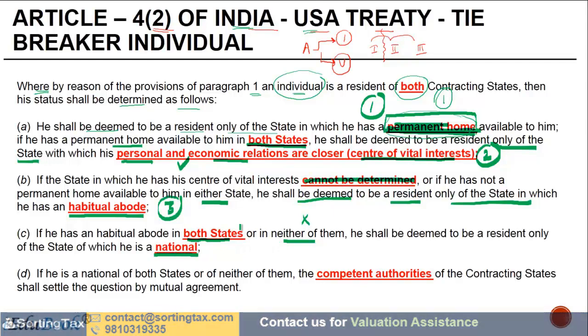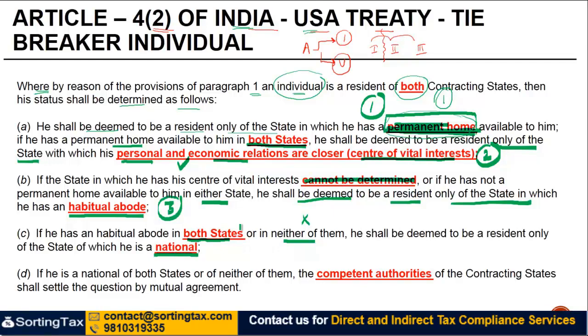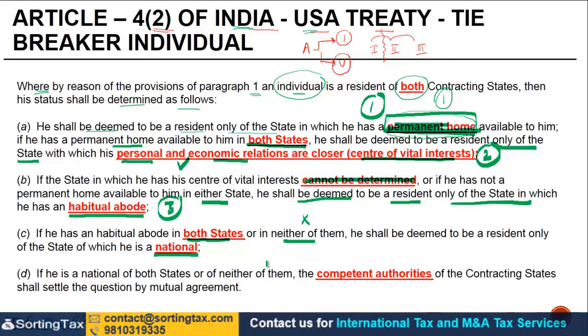Normally, nationality and residential status are kept different from the Indian tax perspective, right? Because being one does not warrant the other. But in this particular case, since you are trying to break a rule where a person is a resident of two countries, even nationality can be looked at, obviously, after the first three criteria which we have discussed.